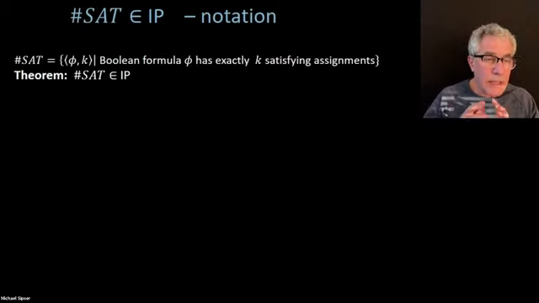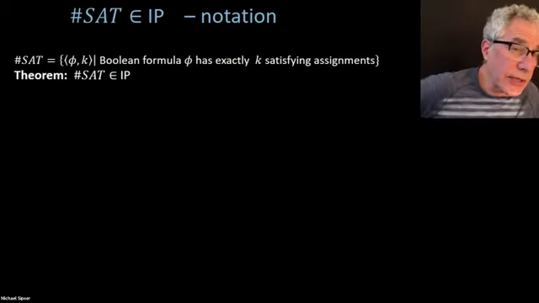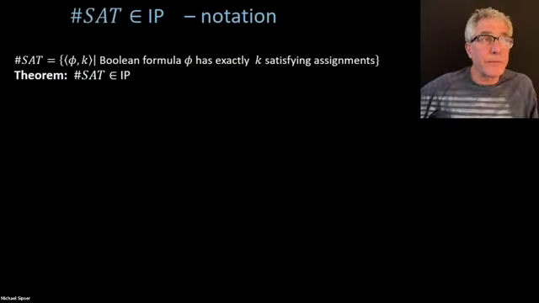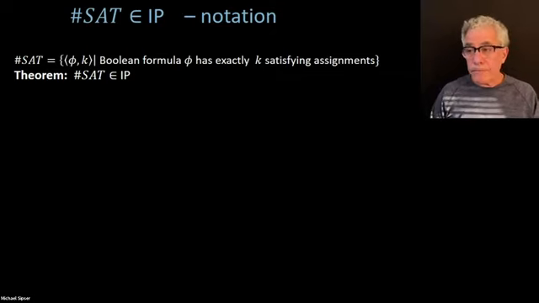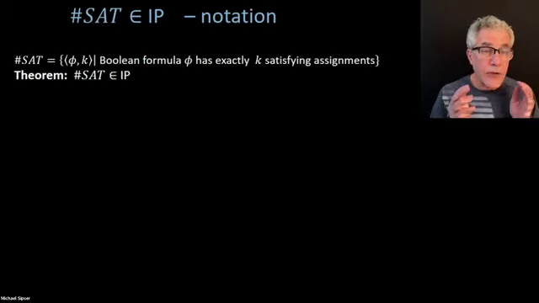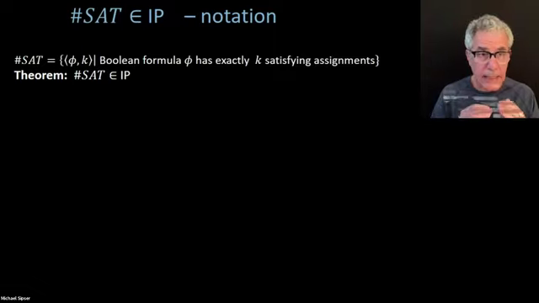Okay, so this is where we're kind of going to start to get into the meat of things. And if you didn't quite understand everything up till now, maybe just try to keep your intuition about how a powerful party convinces a probabilistic polynomial time party of the number of satisfying assignments, an exact number, not at least, but you want to know exactly the number of satisfying assignments.